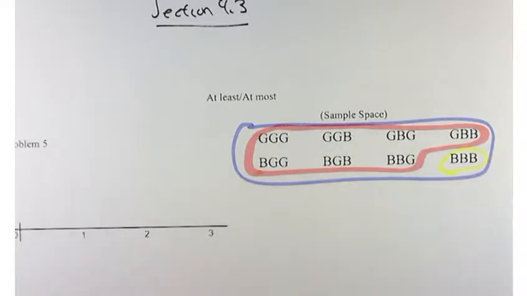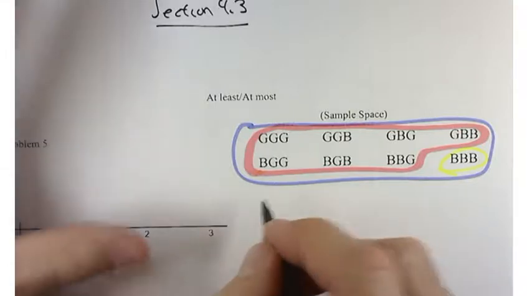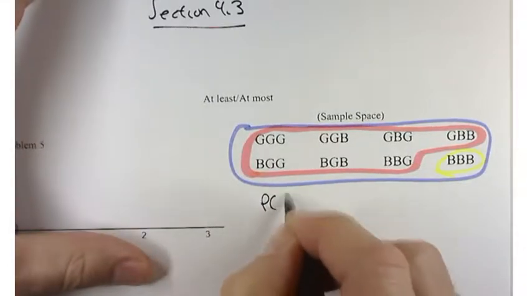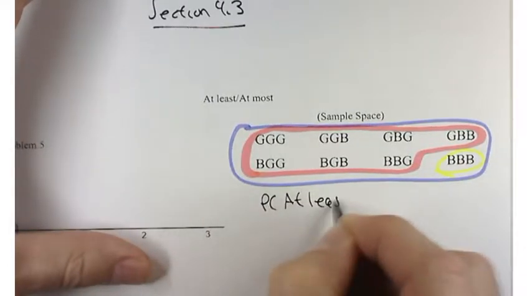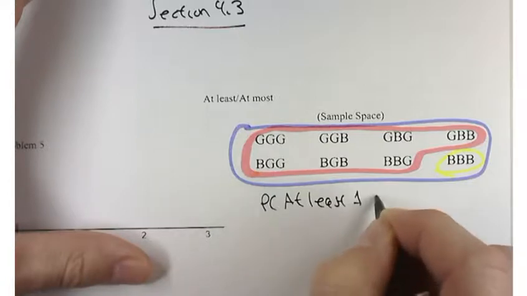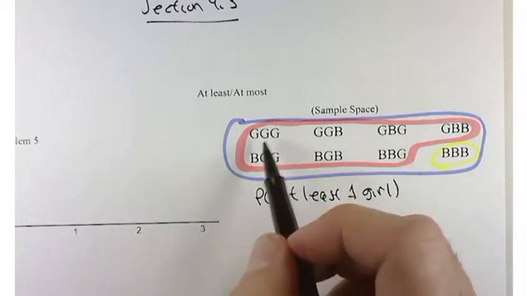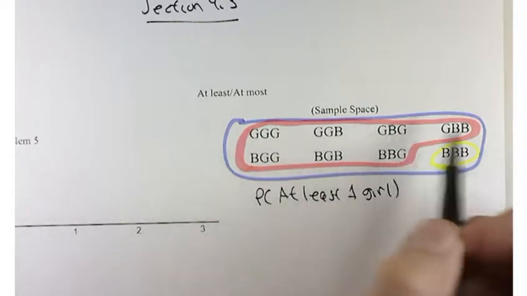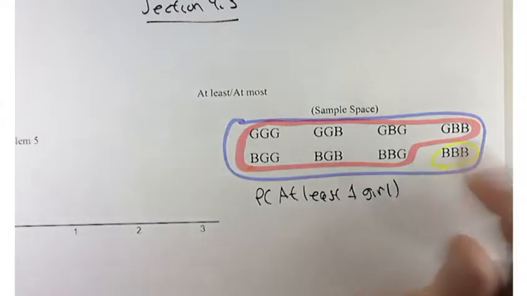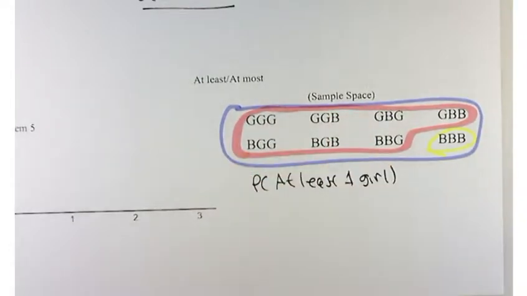So kind of going back to what we looked at in section 4.2, there's a couple different ways we can calculate the probability of at least one girl. You could calculate it directly as the probability of all 3 girls, or this one, or this one, or this one, all 7 of these things. But that feels like the long way.